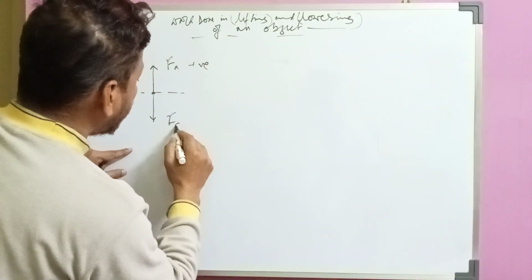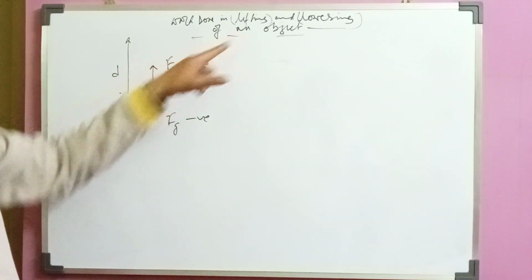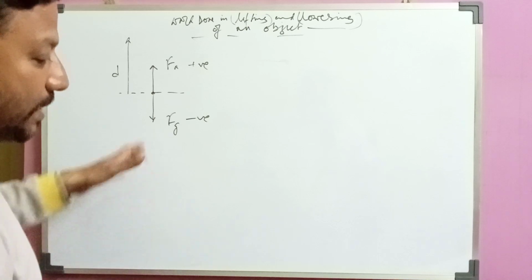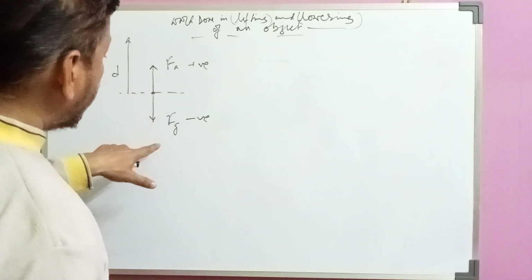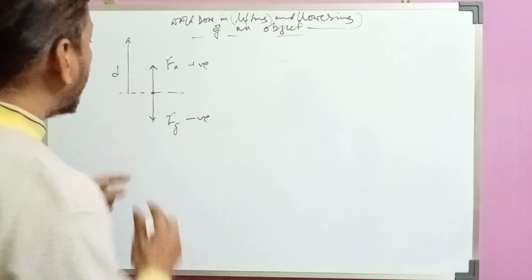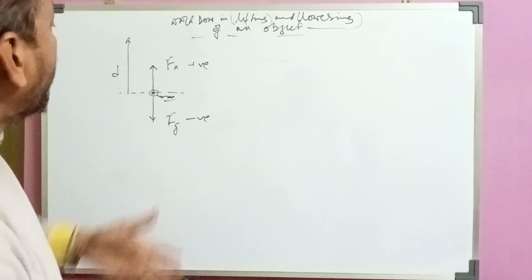So if you take the Fg, this will be negative. So work done in lifting, when we are lifting, this is the scenario. This Fg will be negative, and this Fa, the acceleration of this object, let it be object m, will be positive.